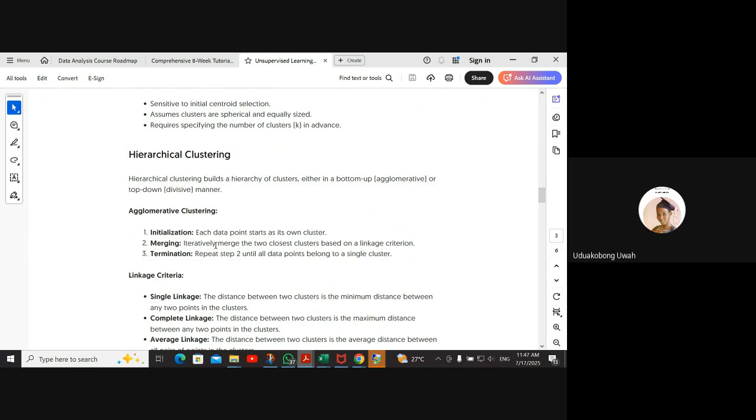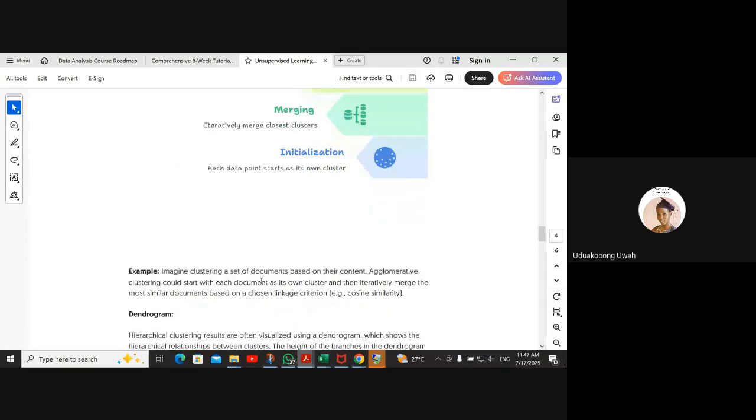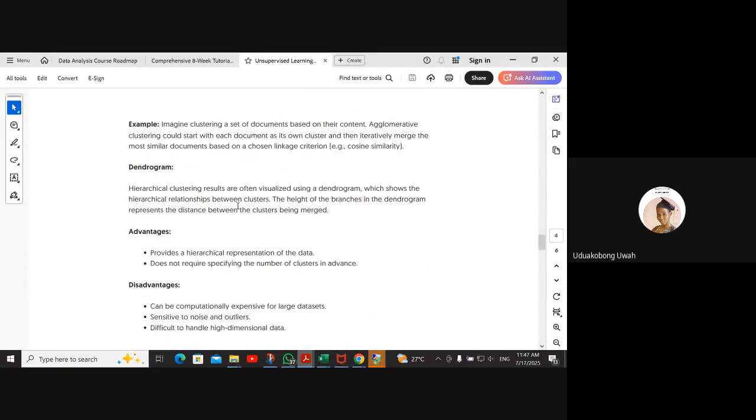By merging, it iteratively merges the two closest clusters based on their linkage, their closest or similar pattern, or based on some criterion like that. Okay, so this you can check out, but I believe the explanation does better. This still falls under the hierarchy, but it's just another form.